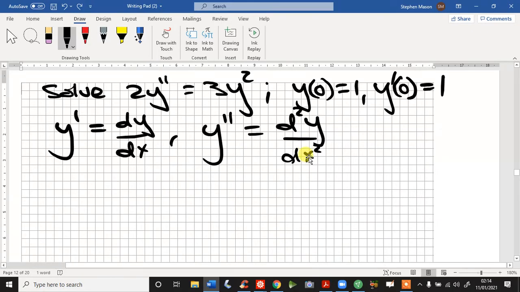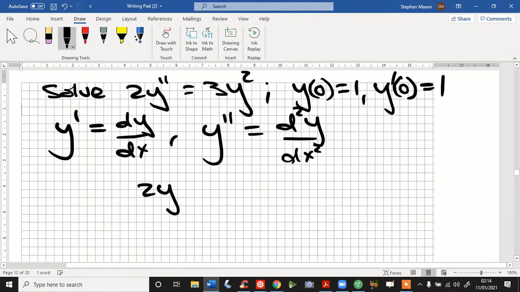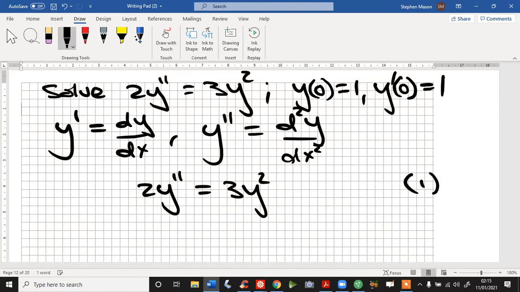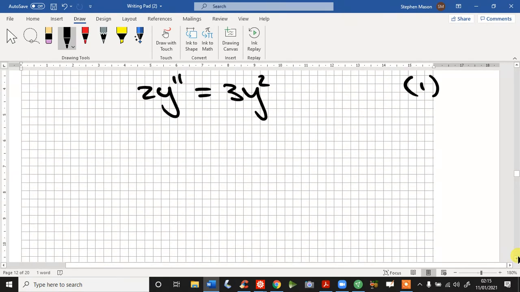Now, to solve this equation, we're actually going to write down the initial equation again. So we've got 2y double prime equals 3y squared, and we'll call that equation 1. Now, to solve this equation, the only option available to us is to use a substitution.